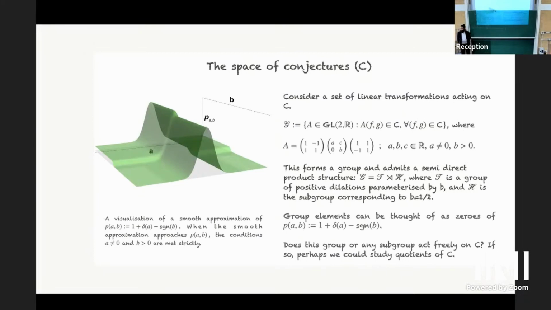One rather puzzling thing we realize is that the space itself is not only a topological space, but also a group. And it's very trivial to show this. So in our refined formalism, the conjecture space is actually a group.